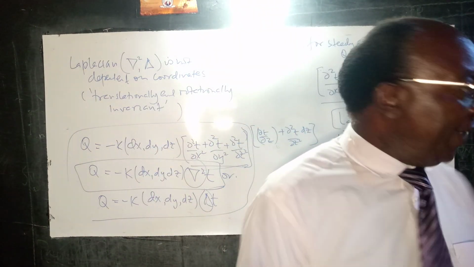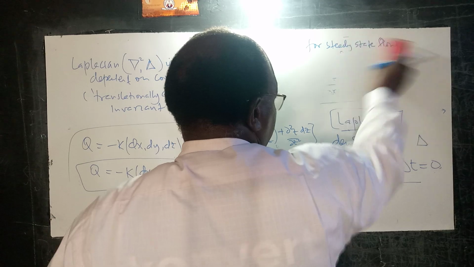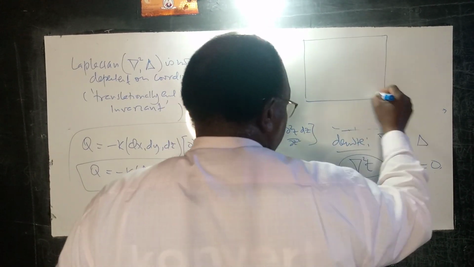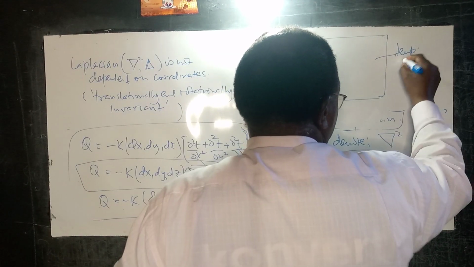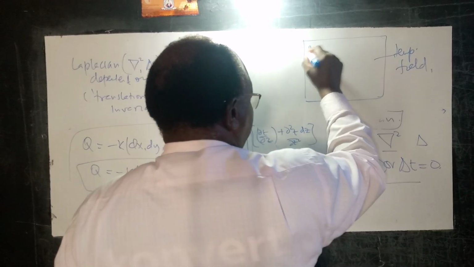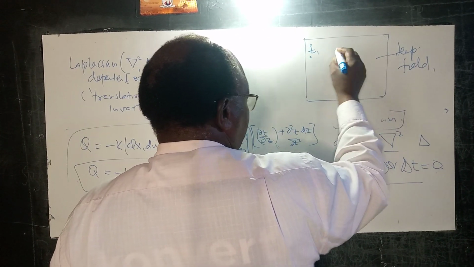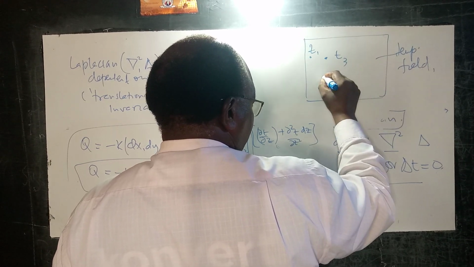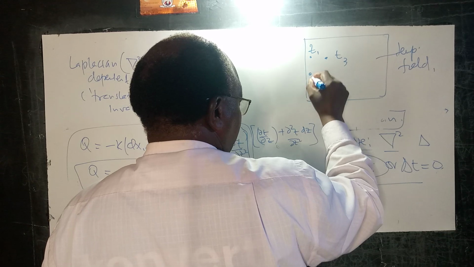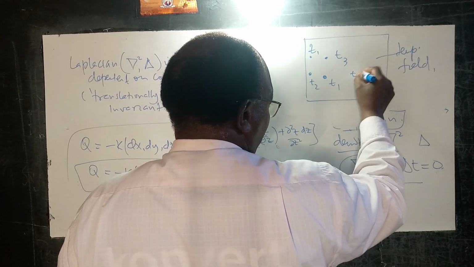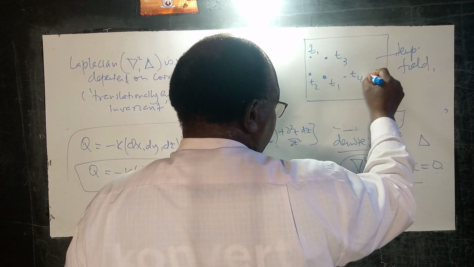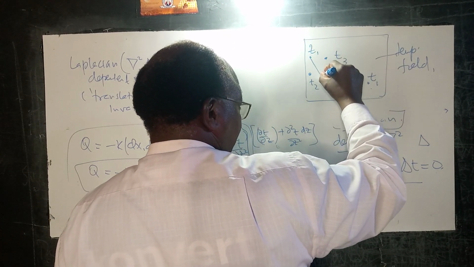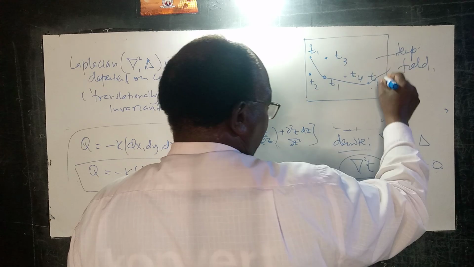So in that temperature field, you have T1 at some point, another one is T3, another one is T1 here, another one is T2, then another one is T4, another one is T1. In that particular case, if you join the T1s, then that will be isothermal.